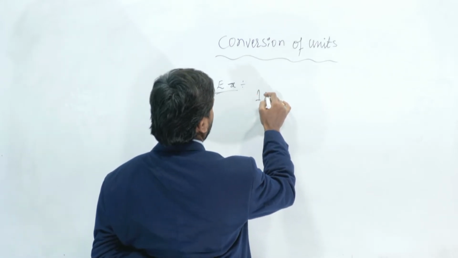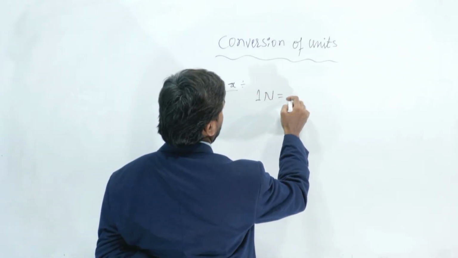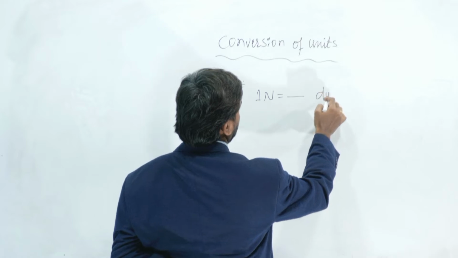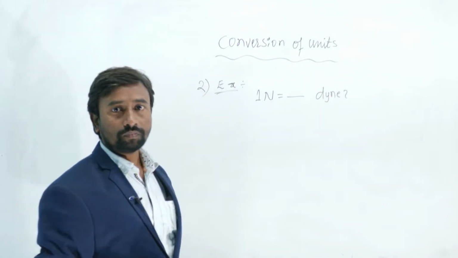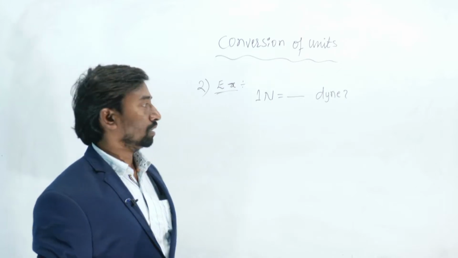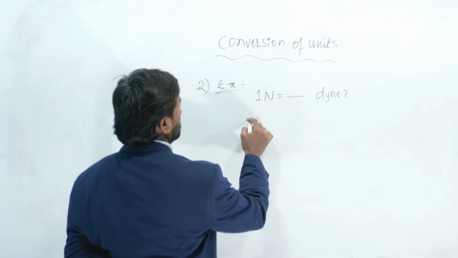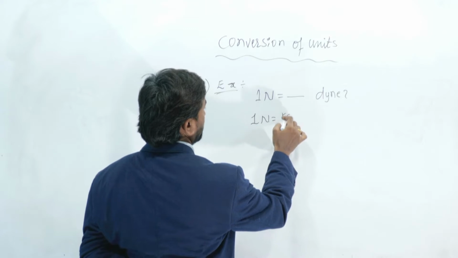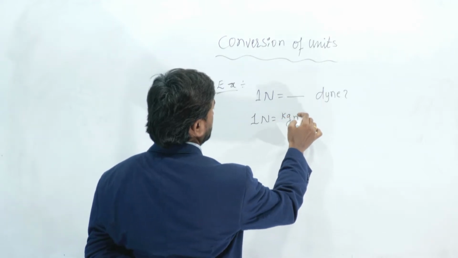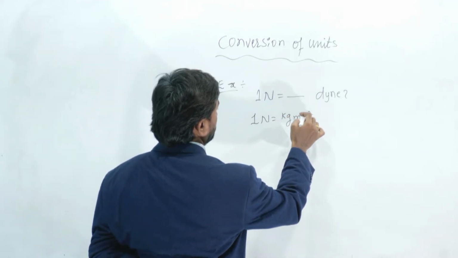1 Newton is equal to how many dynes? The unit Newton is nothing but kg meter per second square.